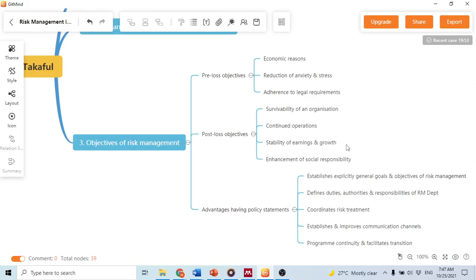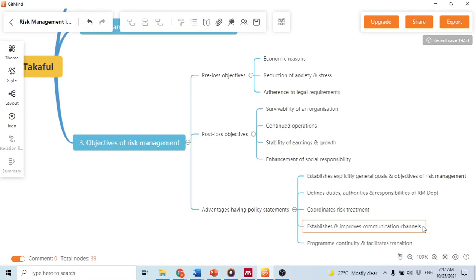For example, the policy statement explicitly establishes general goals and objectives of risk management, and then it defines the duties, authorities and responsibilities of the risk management department. And the third one is it coordinates the risk treatment within that organization. And number 4, it establishes and improves communication channels.